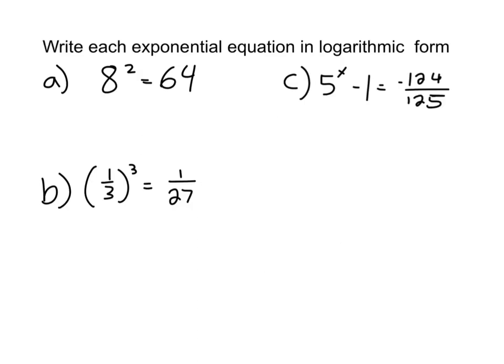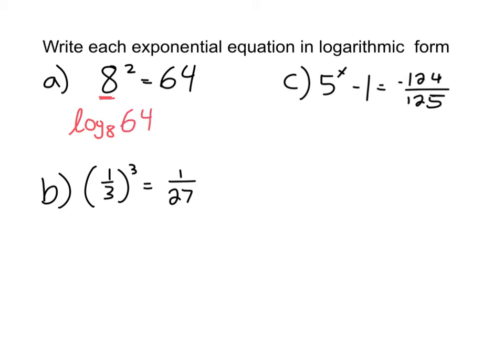Alright, so starting with example A, this is in exponential form right now, and I want to write it in log form. So the base is going to be 8, right? If you were to read this, this is base 8, and then it's raised to the second power, and that equals 64. So the base is 8, log base 8, and x is going to be what this equals.